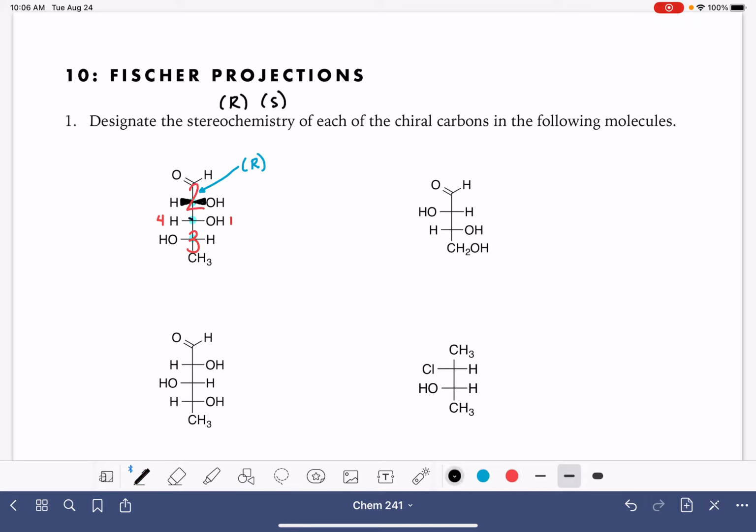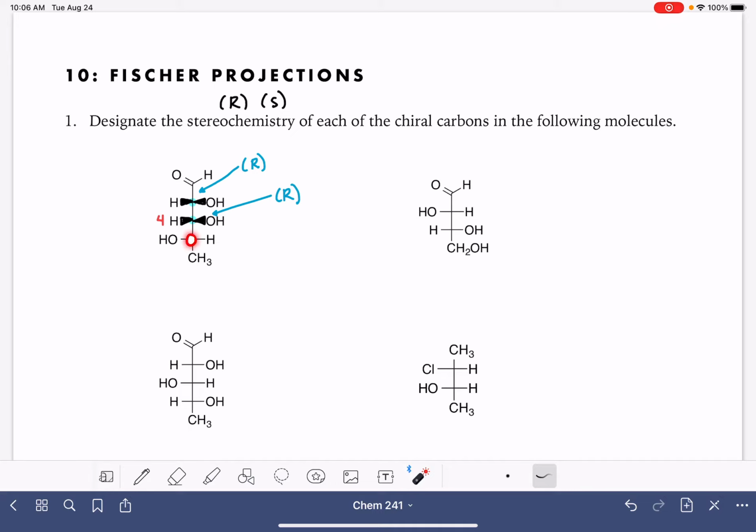Remember that our low priority group is on the wedge. We're looking at this molecule upside down. So while it looks like 1 to 2 to 3 looks like an S, we're upside down, so it is actually also an R. And again, just don't give up. This is tricky stuff. Stay with me. We're going to do it a 3rd time for this molecule.